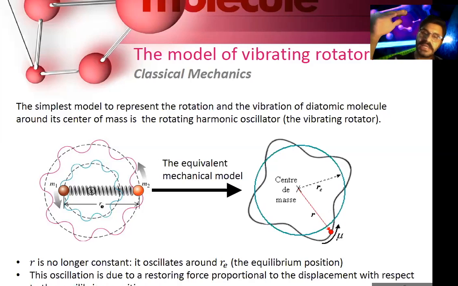Now, what is really important to keep in mind is that the scale of energies between vibration and rotation is different. Meaning that if you take again the example that you are in the class, sitting on your benches, you are the molecule, and the placement of the benches corresponds to the energies.